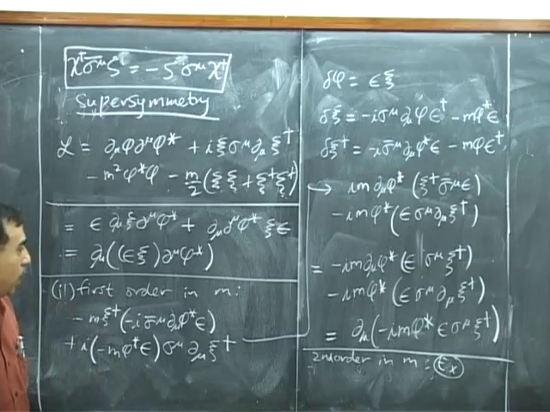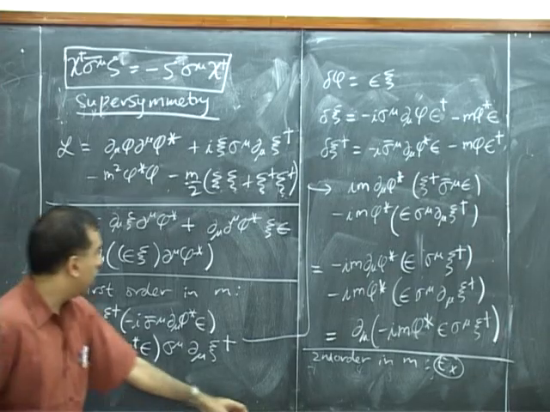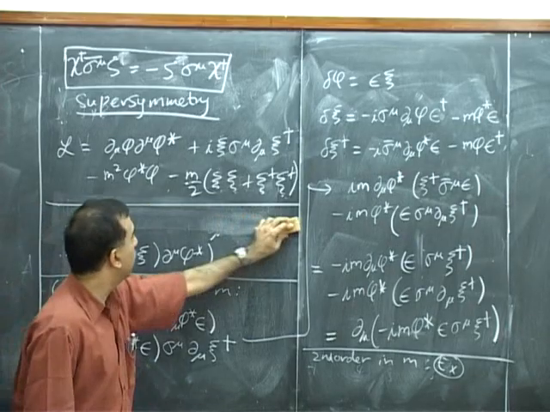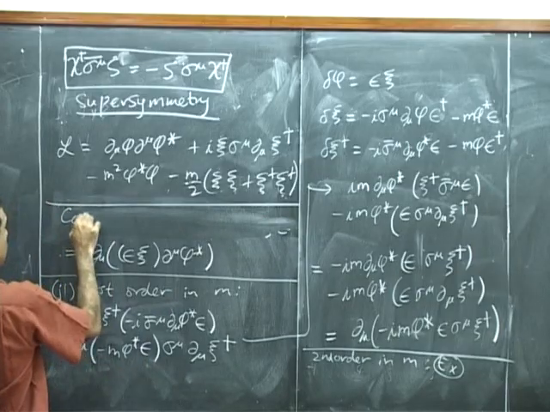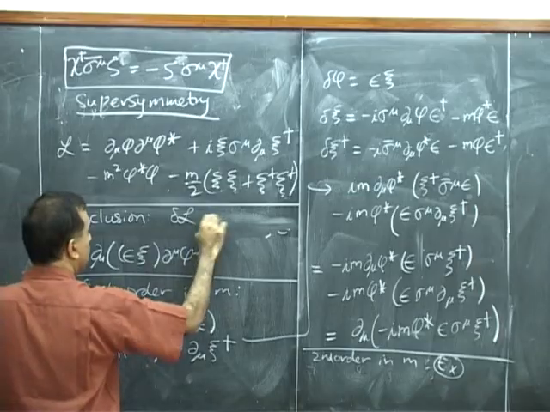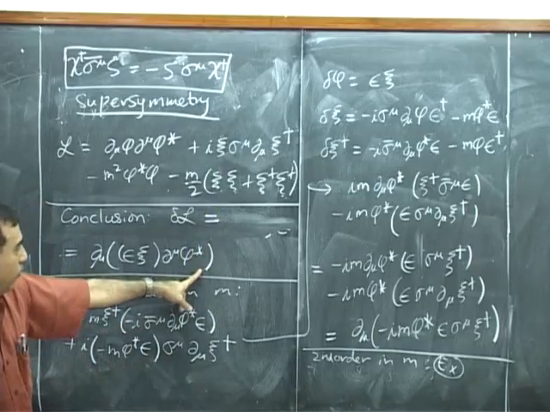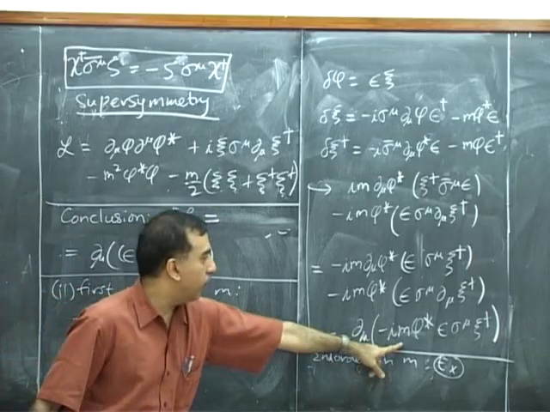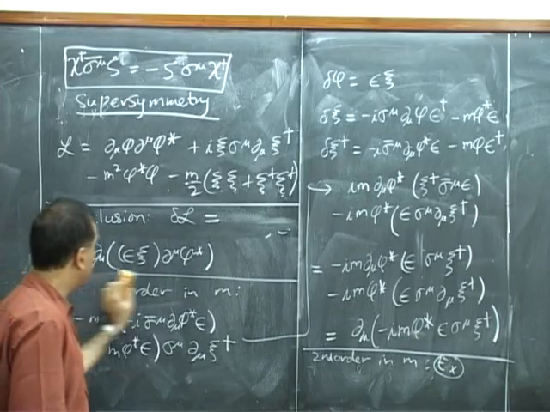Okay? So once we are through with that, we conclude that the variation of the Lagrangian is equal to, this came from 0th order in M, this came from first order in M, so we'll add them together.